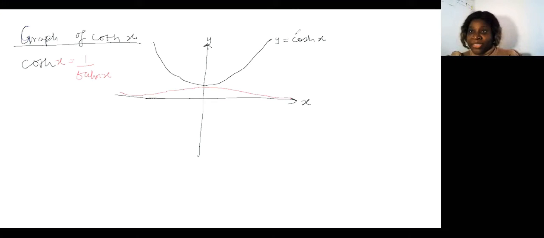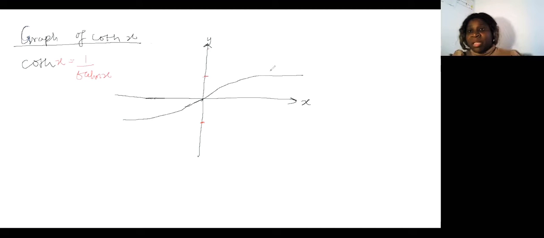Again, I'm going to start off by drawing tan x. Okay, tan x is the one that is going through, trying to touch the lines y is equal to 1 and y is equal to -1, but not touching it. So cot x is 1 over that one, so it will be this one up here and down here.